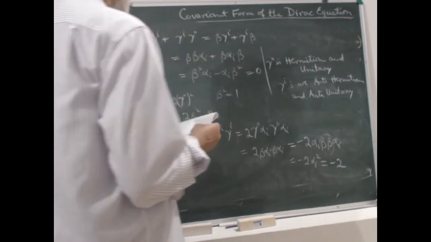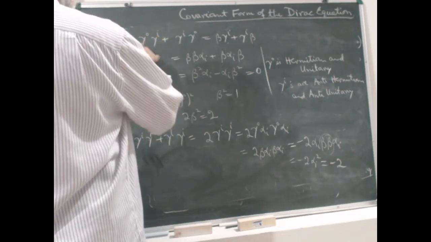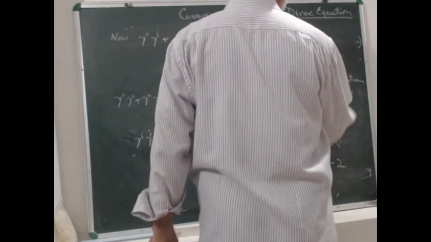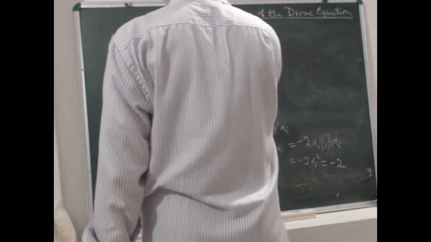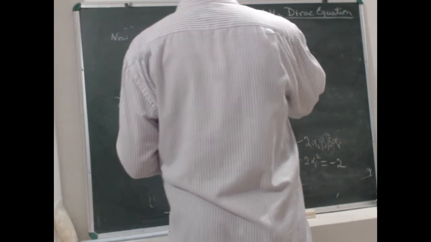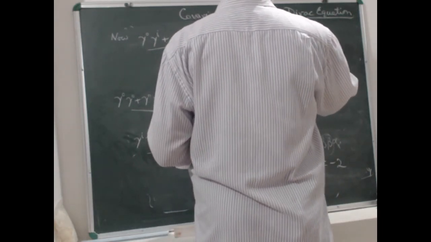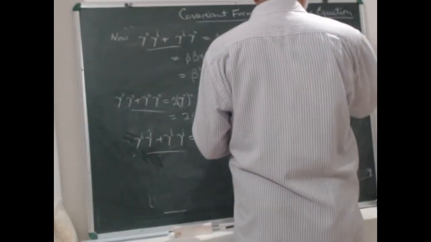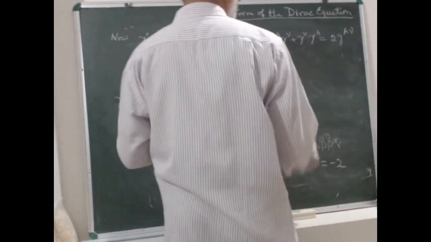So this whole equation for gammas can be written in one compact notation. This one equation and this second and this third, all of them can be written in a more compact form as gamma mu gamma nu plus gamma nu gamma mu is 2 times g mu nu, where g mu nu is the metric tensor.